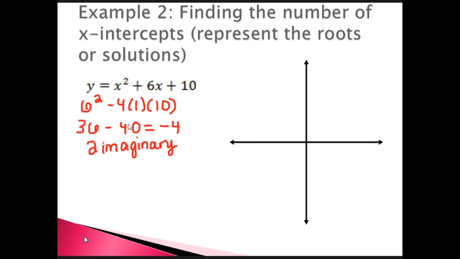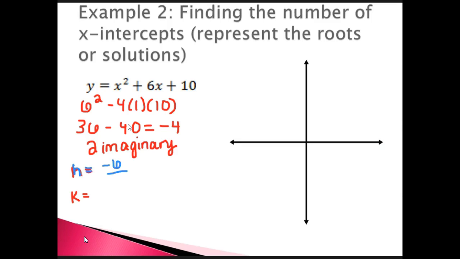So we get 36 minus 40, which is negative 4, and negative 4 tells you you have 2 imaginary. That means that this graph is never going to cross this line right here. So we're going to find h and k. The h value for every problem I picked today is the same.